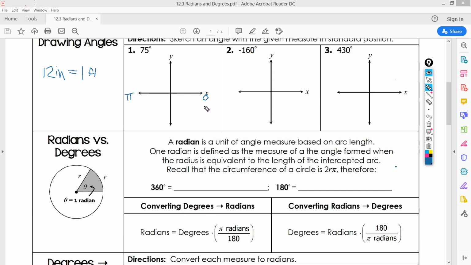And going all the way around is 2 pi, okay? So that means that 180 degrees is the same thing as pi, and 360 degrees is the same thing as 2 pi, and that also means that 90 degrees is the same thing as pi over 2, and 270 degrees is the same thing as 3 pi over 2, okay?